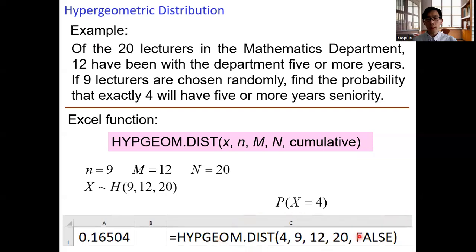So this is the Excel function, HYPGEOM.DIST, and then the parameters X equals 4, sample size is 9, big M is 12, population size is 20, and then the logical value false. We get the same answer as we calculated in the previous slide, 0.165.